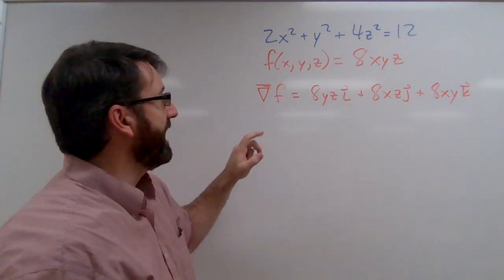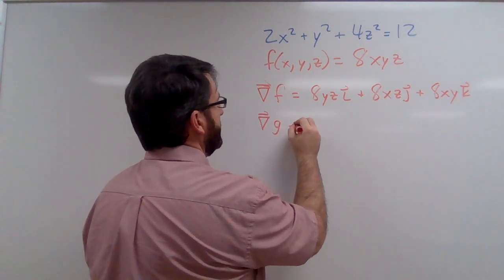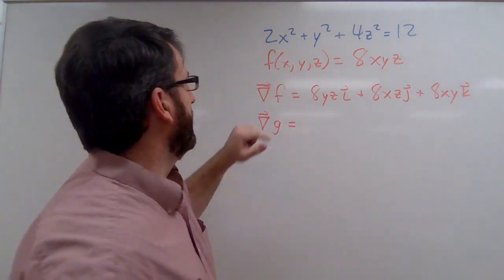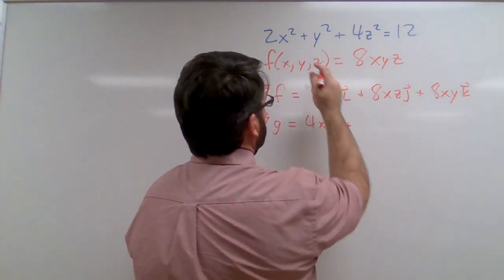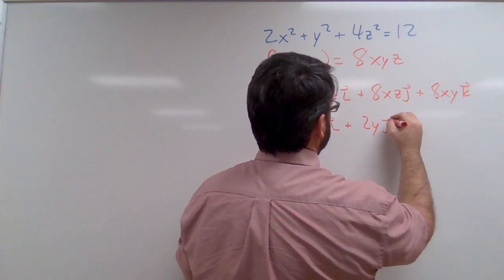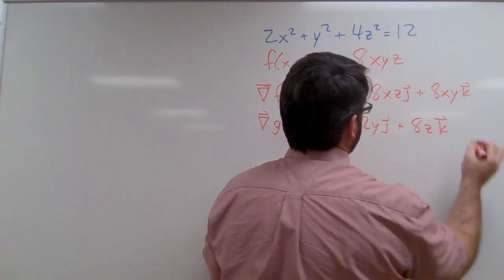There's our gradient for f. Our gradient for g is going to be 4x i plus 2y times j plus 8z times k.